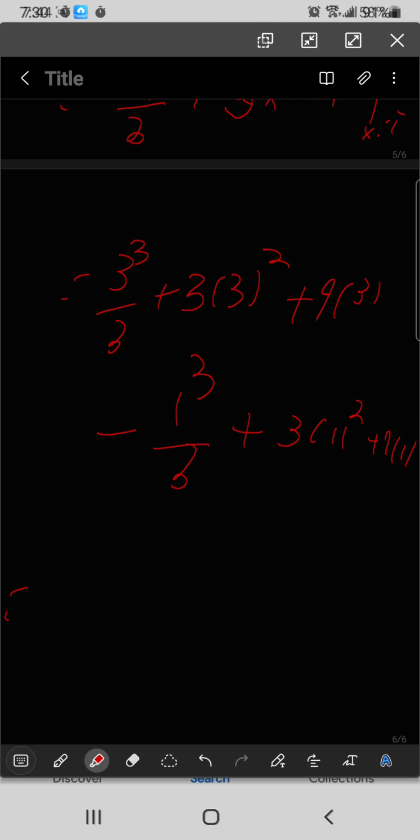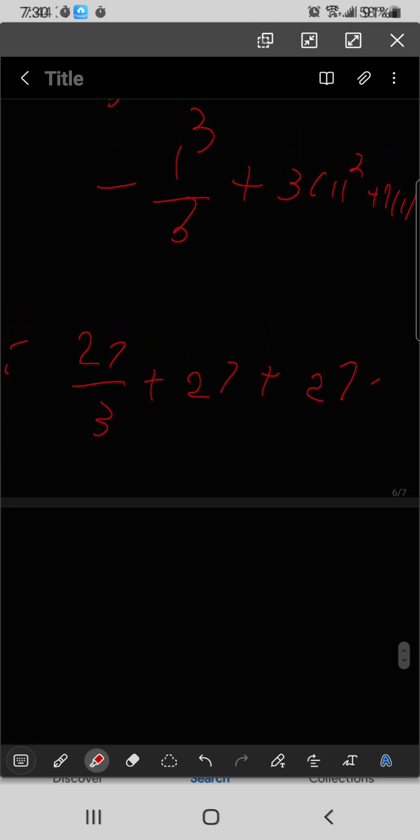So 3 to the 3rd power, 3 times 3 is 9. 9 times 3 is 27. 27 divided by 3 plus 3 squared is 9. 9 times 3 is 27. Plus 9 times 3, 27. Minus 1/3 plus 3 plus 9.